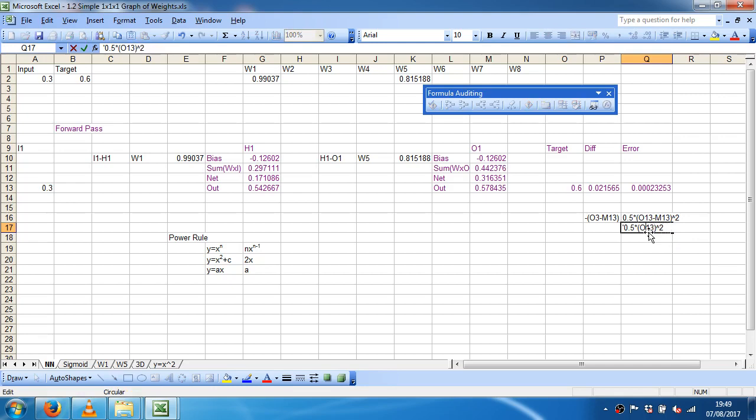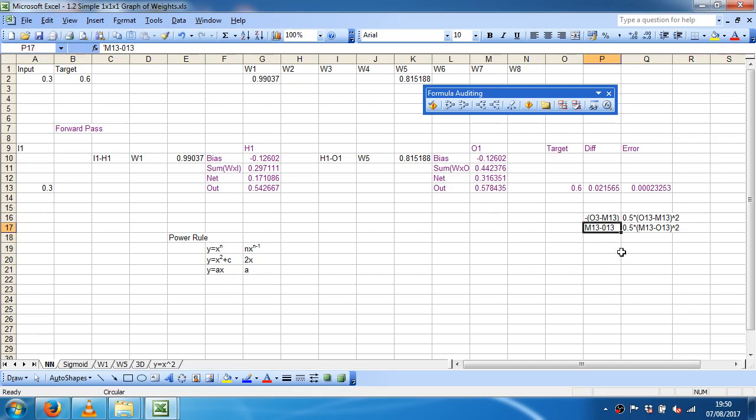M13. Now, when we differentiate that, the 2 comes down and wipes out the 0.5, but now the M13 is positive, so it doesn't need to have the negative sign on the front, and basically that turns out to be M13 minus O13.